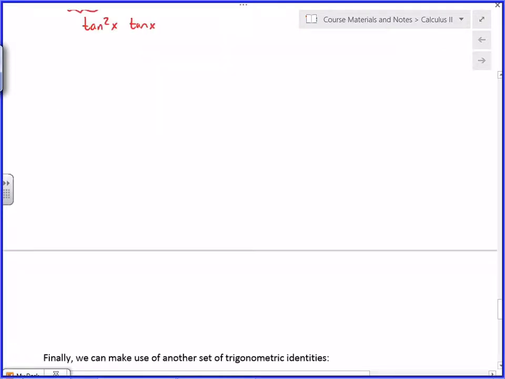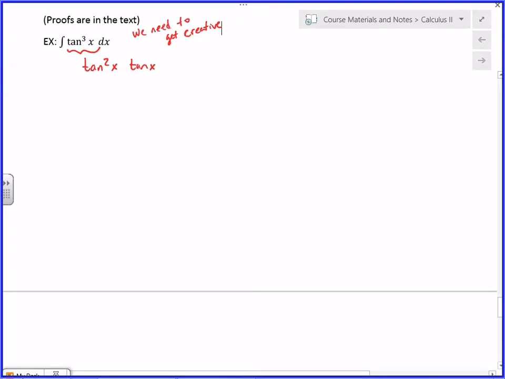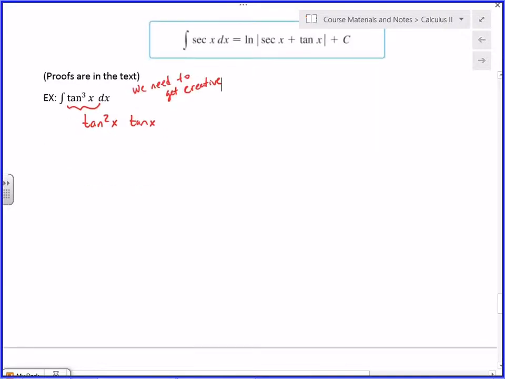I'm going to do one anyways, because we still have the secant to the fifth that's a weird guy, and I'm going to have to do something about him. Turns out integration by parts is the trick that works on odd powers of secants. All right, let me get us to the point where we can see some light at the end of the tunnel, and then I'll dismiss and we'll come back at 11.